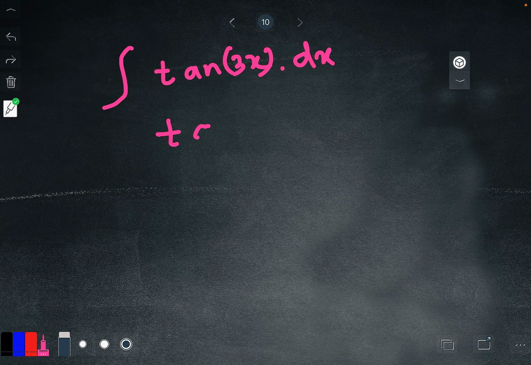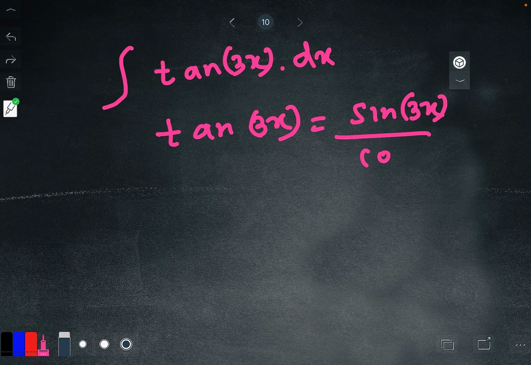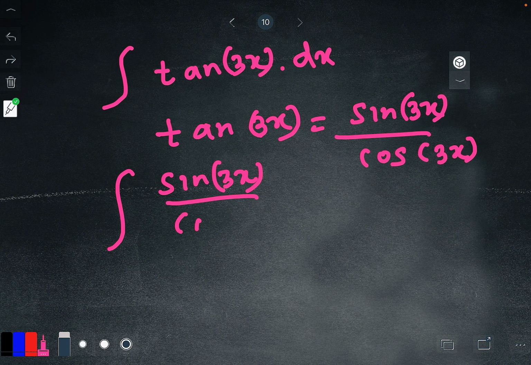Let me write tan 3x as sin 3x over cos 3x, one of the basic trigonometric identities. Now instead of integrating tan 3x, let me integrate sin 3x over cos 3x.